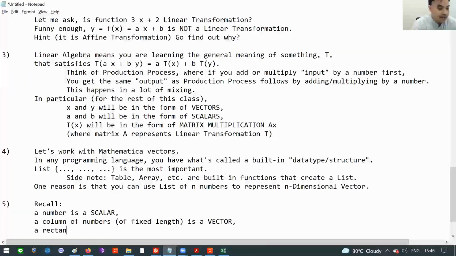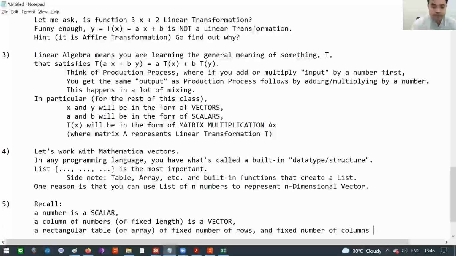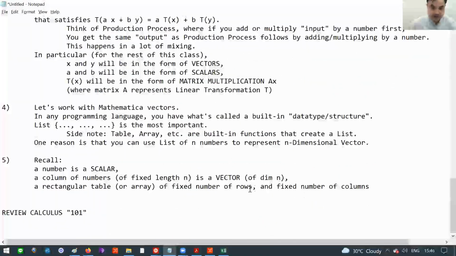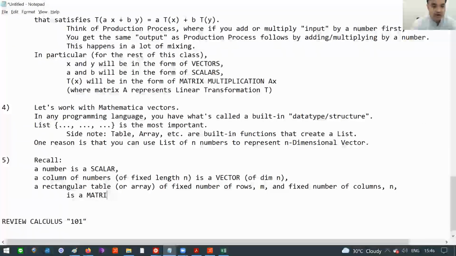A rectangular table or array, and now this is not the name of the function, this is the English word array, of fixed number of rows m and fixed number of columns n is a matrix of dimension m by n.